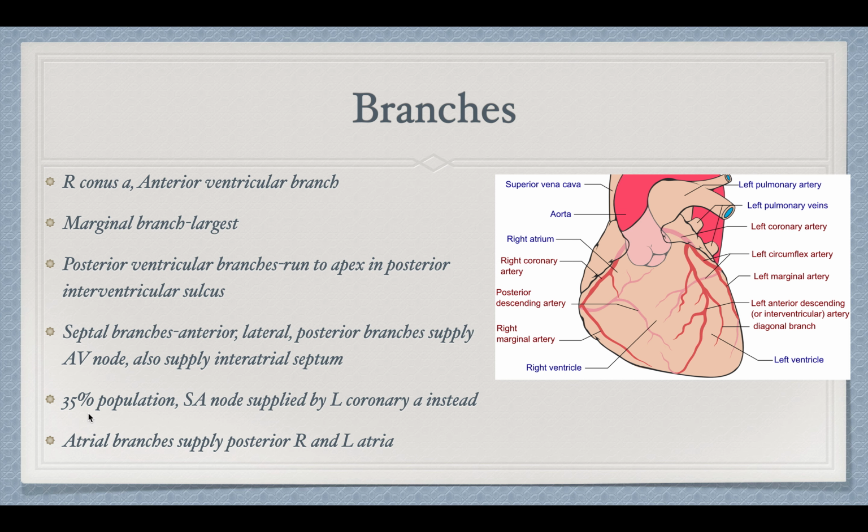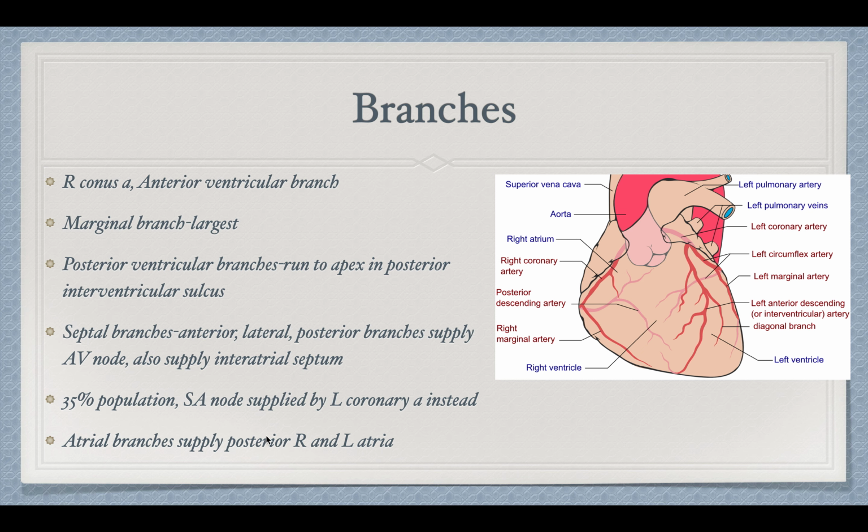In some of the population, the SA node is supplied by the left coronary artery instead. It's somewhat important to know, especially if you want to go into heart surgery, which side is supplying the AV node in order to preserve the blood supply, along with tying off the vessels just in case you need to operate on it.